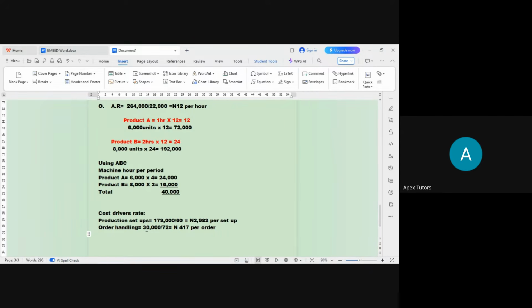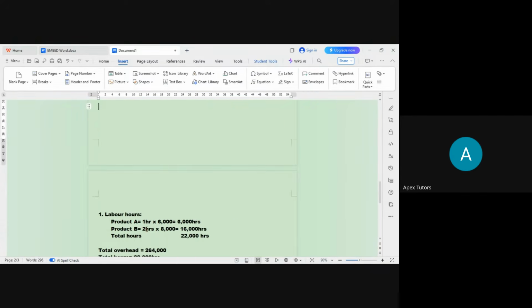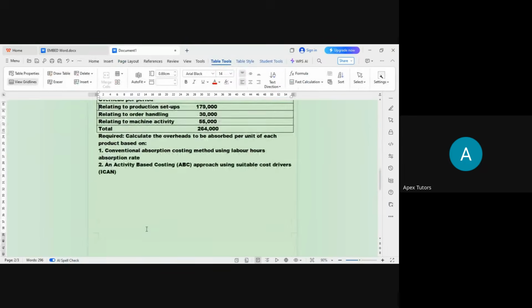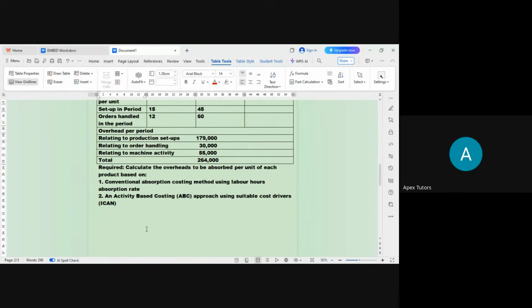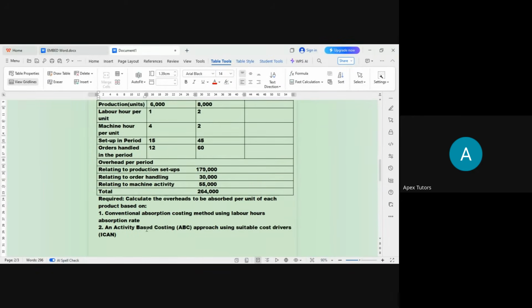The next is the machine activity, machine cost. How do we treat this? Do we have anything related to machine in this? Yes. This is it.